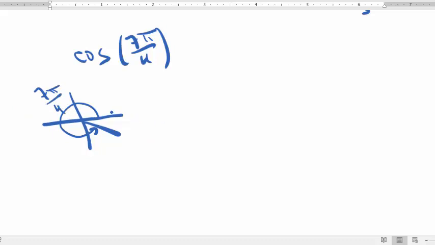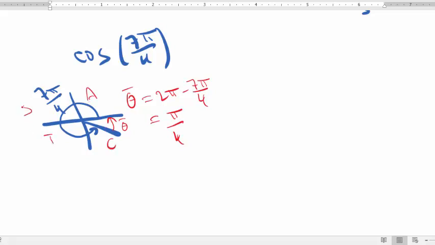So remember, how would we get our theta bar? It would be the whole circle, right, which is 2 pi minus 7 pi over 4. So theta bar is going to be 2 pi minus 7 pi over 4, which is going to be pi over 4.